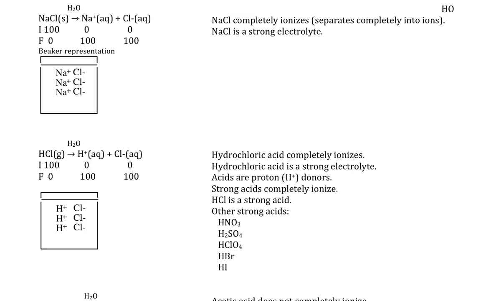Strong acids completely ionize. If we look at our numbers over there, it's completely ionizing. All 100 HCl's go to 100 H+ and 100 Cl-. So HCl is what we call a strong acid. It turns out we have a few strong acids and many, many, many weak acids.